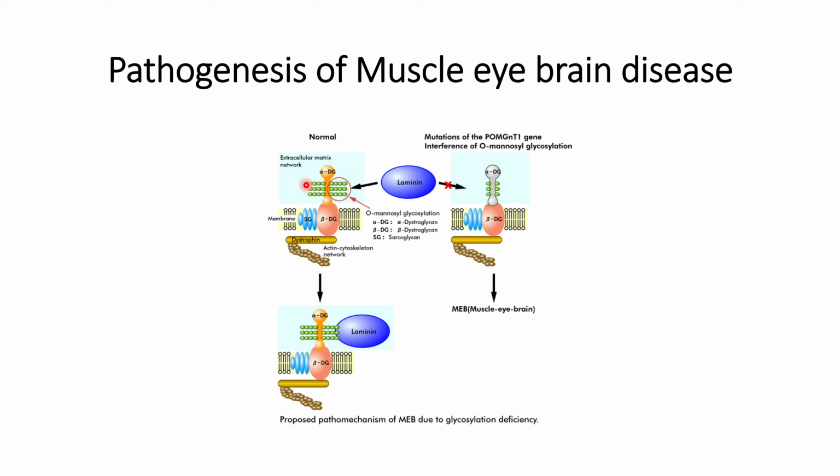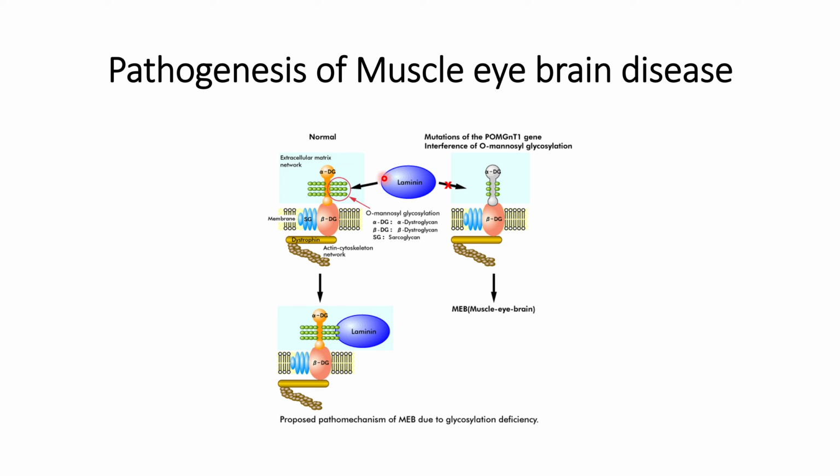Dystrophin is heavily glycosylated, and the region shown in green color is the glycosylated carbohydrate. This combination of alpha dystrophin and beta dystrophin helps in signal transfer from the extracellular matrix to the intracellular matrix.